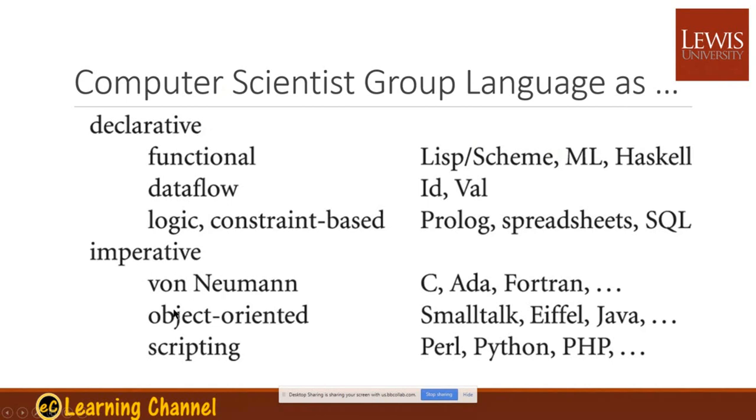The other one is statement by statement, which we call imperative. This imperative language includes the von Neumann model, object-oriented model, or scripting model, which we all know quite well. They share the same common structure. So you can also call this structured language or object-oriented language.